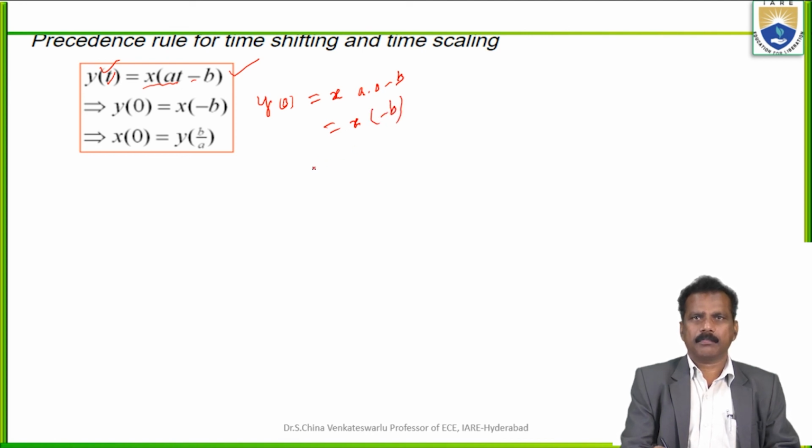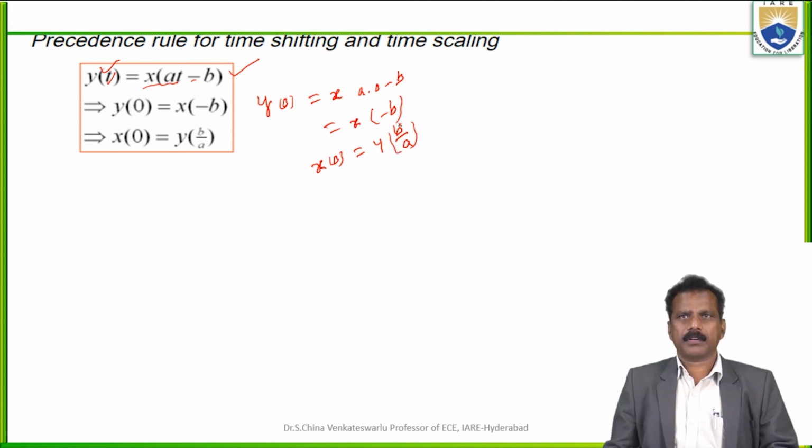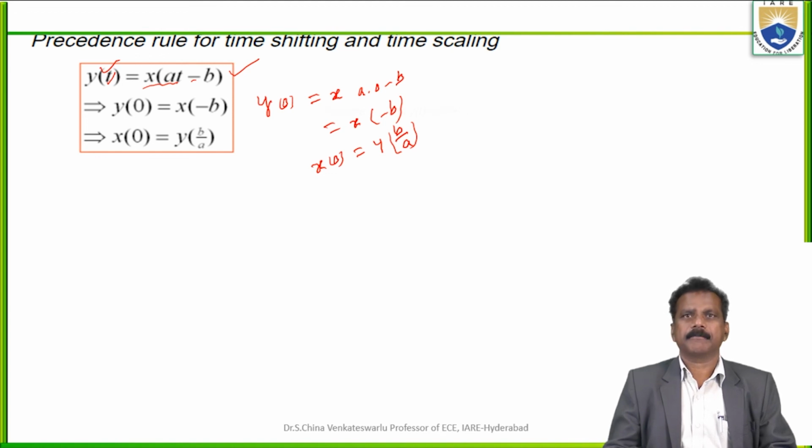Therefore x of 0 is also equal to y of b by a. This is the precedence rule for time shifting and time scaling.